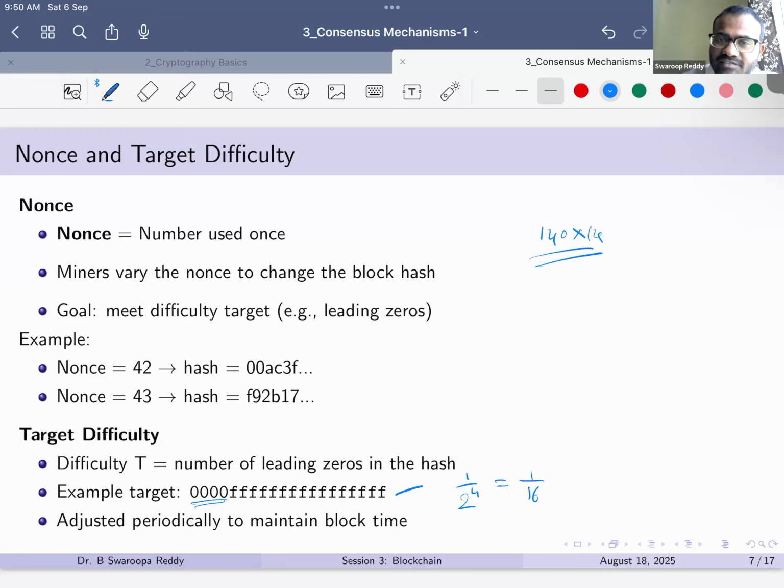For these many blocks, it will calculate the average time for each block generation. If that average time is large, then the t value will be reduced. If that average time is low, then the t value will be increased, which means leading zeros will be increased. So based on the average of 2 weeks of blocks, the t value will be adjusted every 2 weeks.